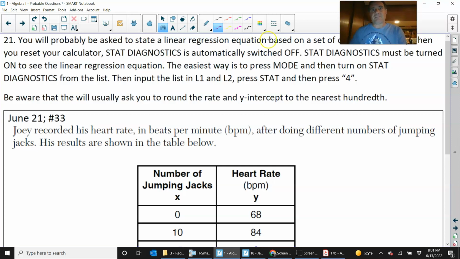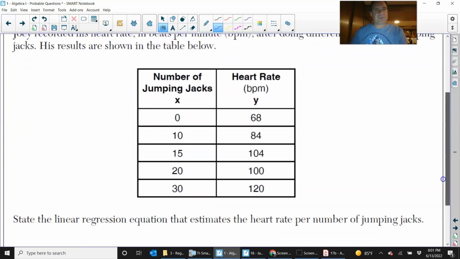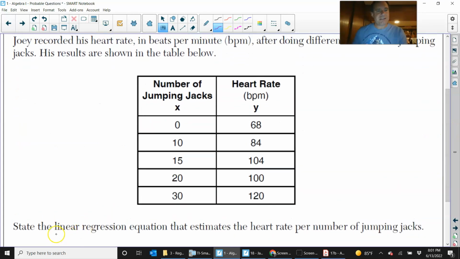The easiest way is to press mode and then select stat diagnostics from the list. You turn it on, and that's it. A question like this asks you to state the linear regression equation. That is basically what you need stat diagnostics on for. This is going to be your first list. This is going to be your second list.